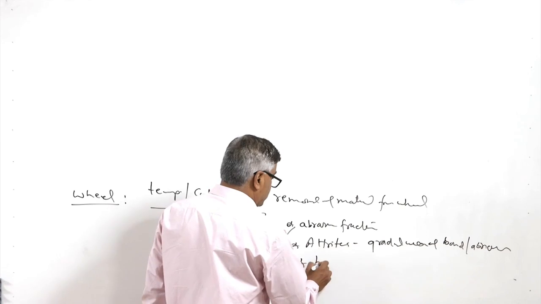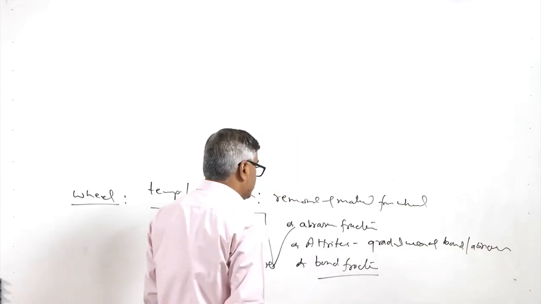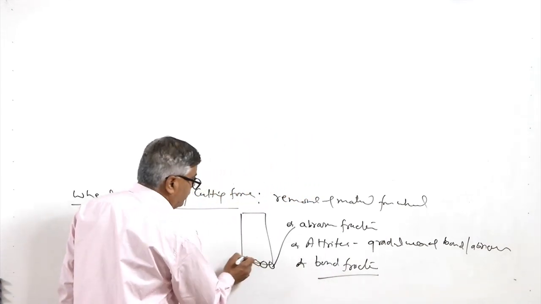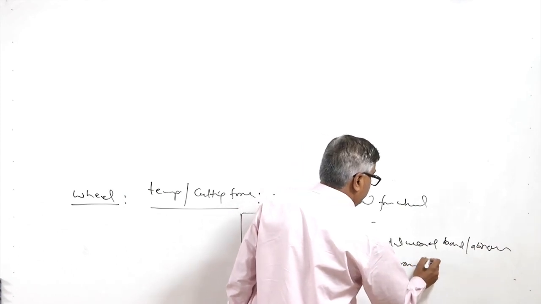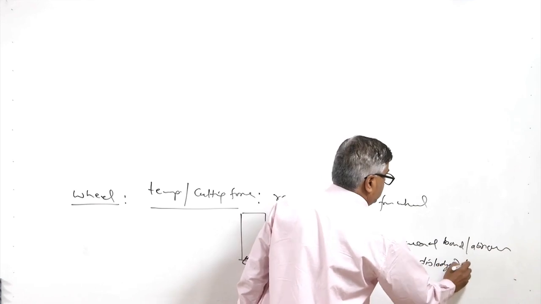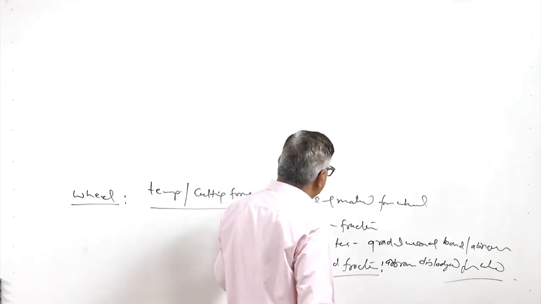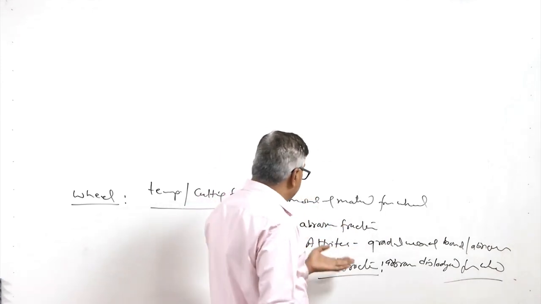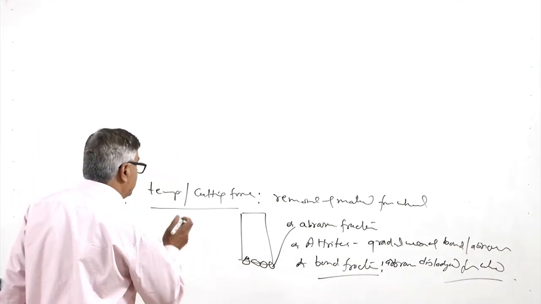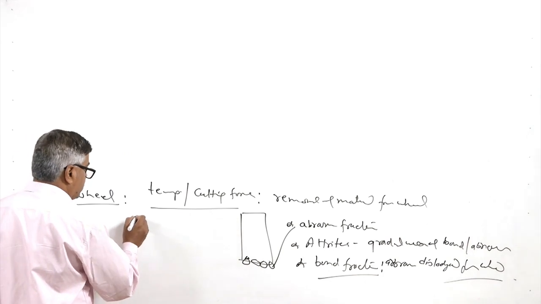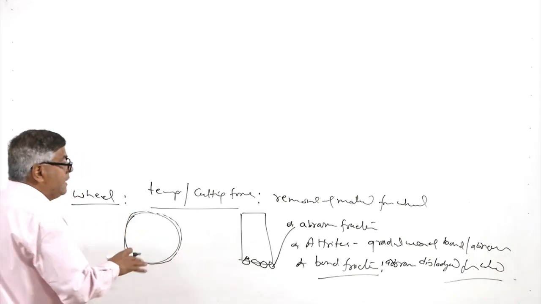And the third one is the bond fracture, where, when the bond gets fractured, then abrasives are dislodged from the wheel. So, all these three mechanisms lead to the loss of the material from the grinding wheel. The loss of the material from the grinding wheel is also termed as the wheel wear.